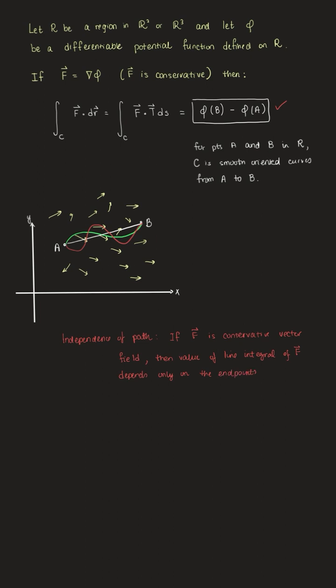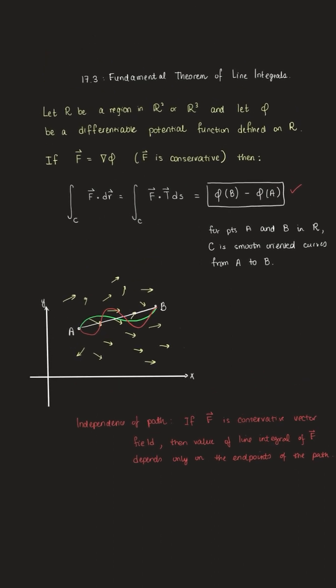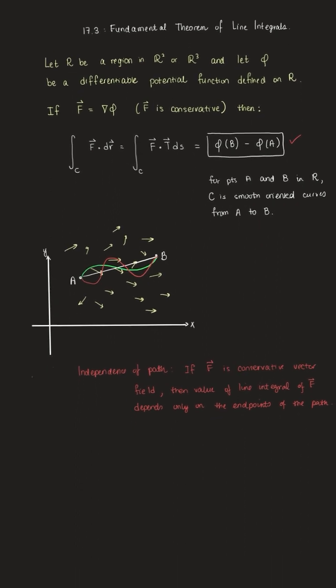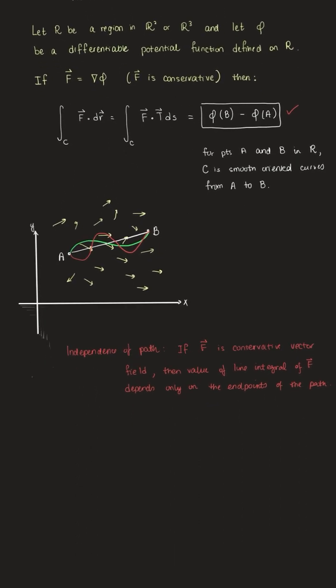So if we have a conservative vector field, I can take whatever path I want from point A to point B, and I'm going to do the same amount of work no matter what path I take. That's what that means. So the gravitational field actually is conservative, which means that if you move an object from point A to point B, no matter what path you take between them, if you end up at B and you started at A, you're going to do the same amount of work. And the gravitational field is going to do the same amount of work on that object and moving that object.